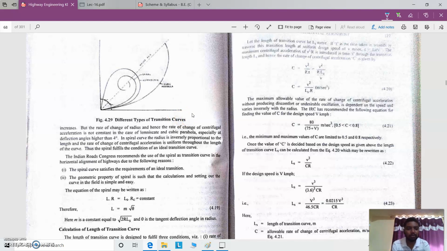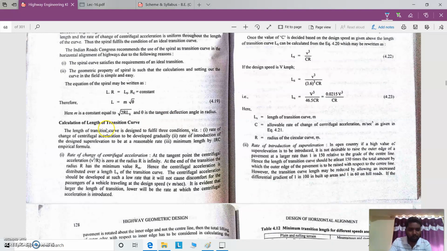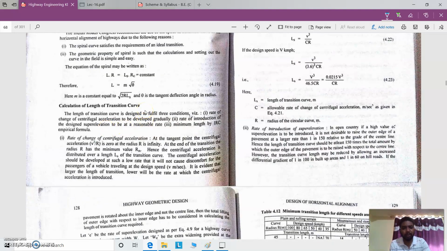It is because it satisfies the requirements of an ideal transition curve, and the geometry of this spiral curve is easy to place on the field. That means you can set out this curve on the field in a simple way, so the spiral curve is recommended.